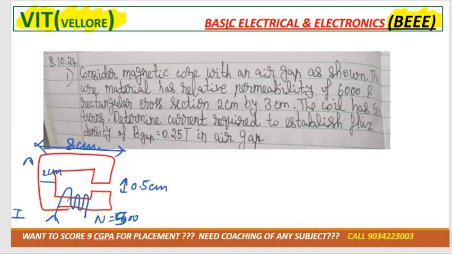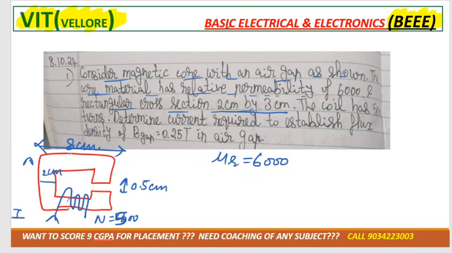See this one. Consider a magnetic circuit with an air gap, the core material has relative permeability 6000, which means mu r is equal to 6000, and a rectangular cross section of area 2 by 3 centimeter.